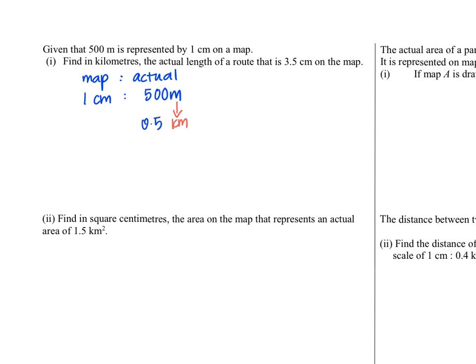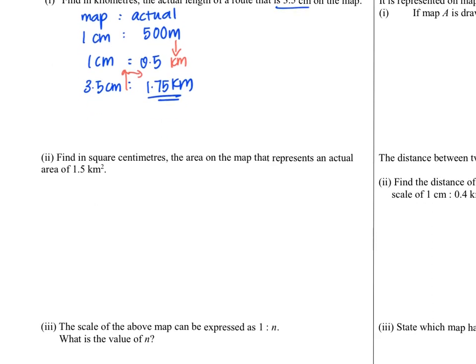That gives me 0.5 kilometer for 1 cm. Find in kilometers the actual length of a road that is 3.5 cm on the map. So for 3.5 cm, we'll find the answer to be 1.75 kilometers. Have you gotten the answer?